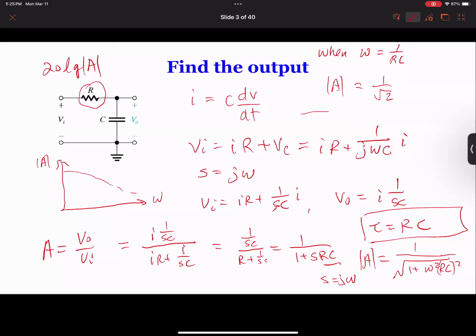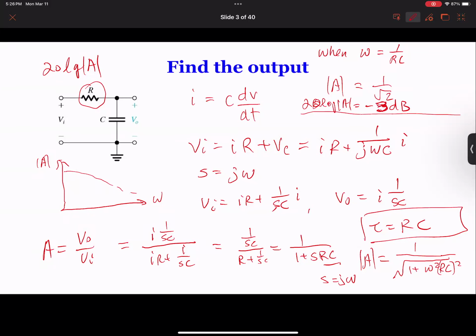And then in this case, 20 log A will become 20 times log of 1 over square root of 2, which gives you minus 3 dB.